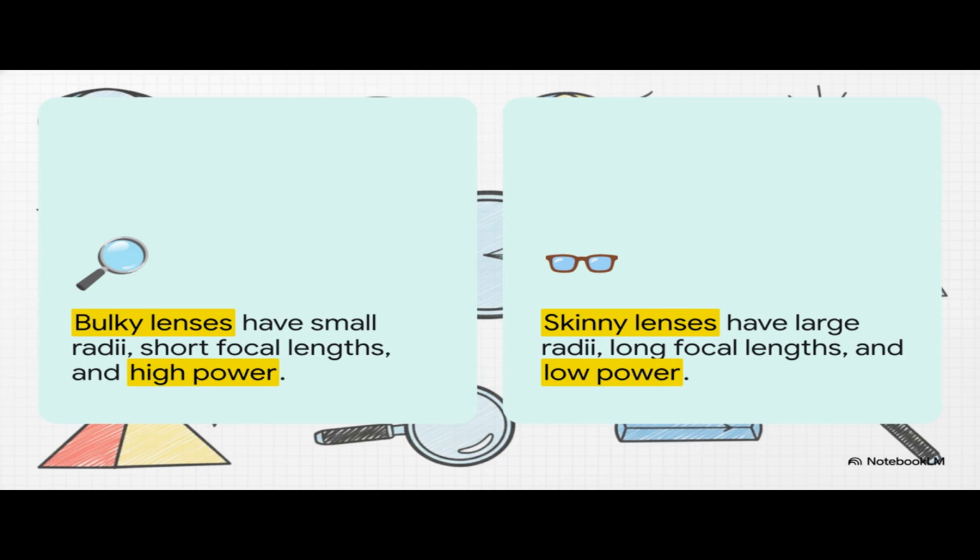Thick, bulky lenses with small radii of curvature aggressively deviate light. Because they bend light so sharply, those light rays converge super quickly, resulting in a short focal length and, as a result, a very high optical power. On the other hand, skinny lenses with large radii of curvature barely bend the light at all. It takes a really long distance for those rays to finally meet up, which means a long focal length and very low power.